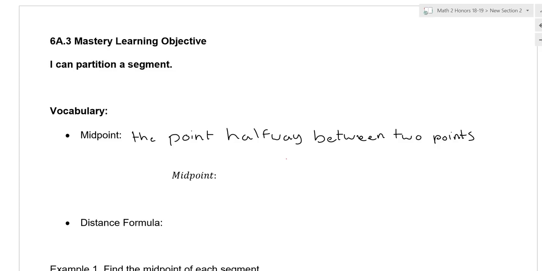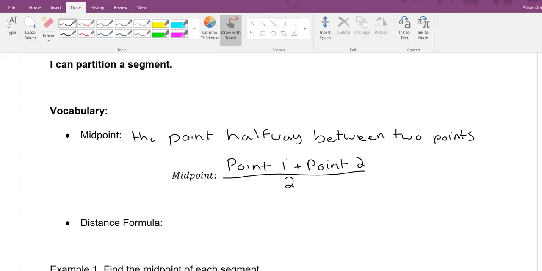So your midpoint formula is really point 1 plus point 2 divided by 2. Okay. So I kind of think of the midpoint as finding the average of 2 points. Okay, the point right in the middle of them.